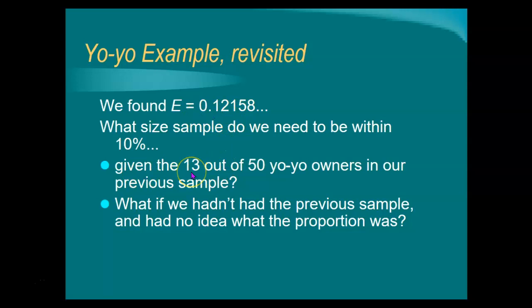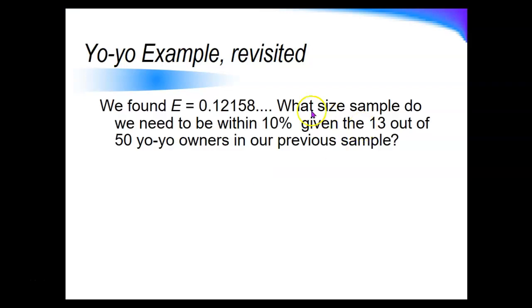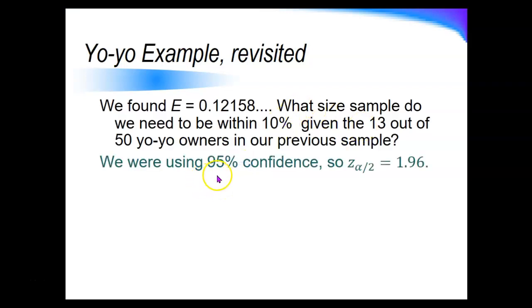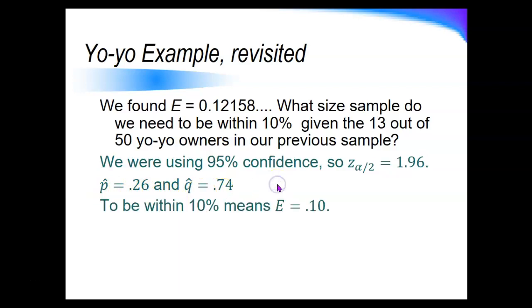We did find that it was 13 out of 50 from that survey that we did. We were using a 95% confidence level, so our z sub alpha over 2 was 1.96. And in that earlier survey, our p hat was 0.26 and our q hat was 0.74.